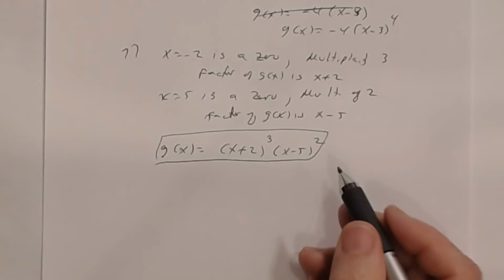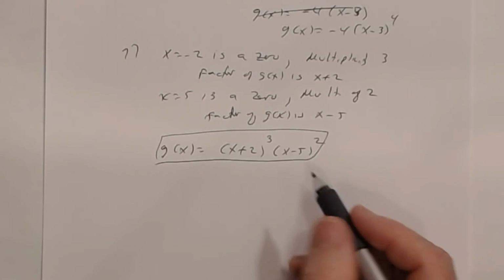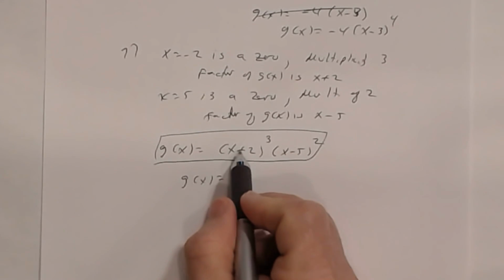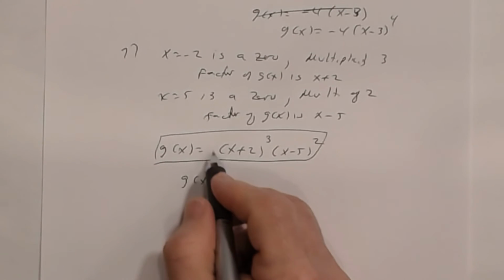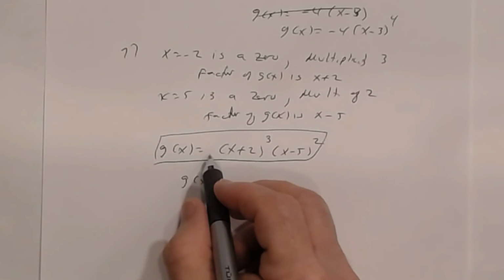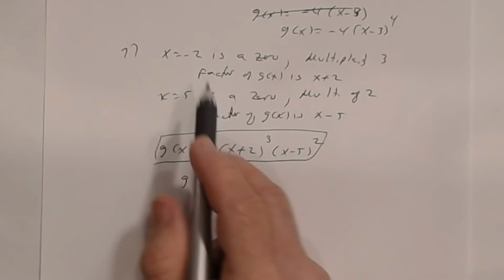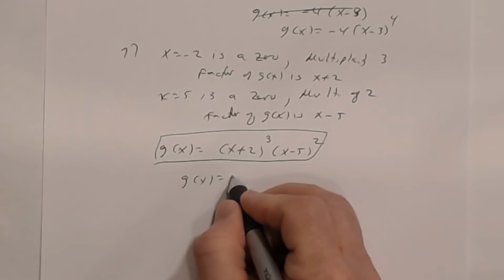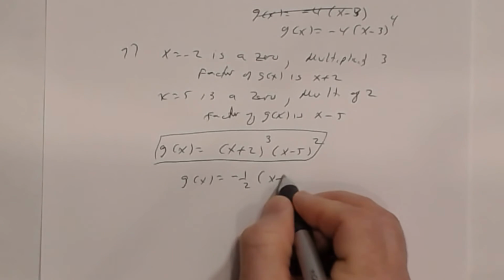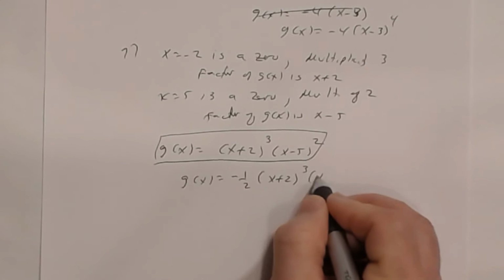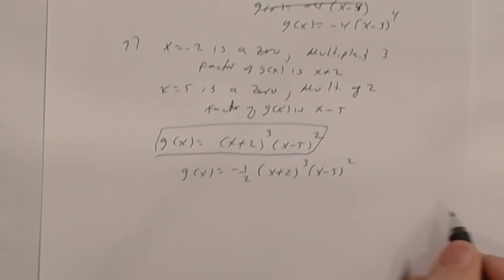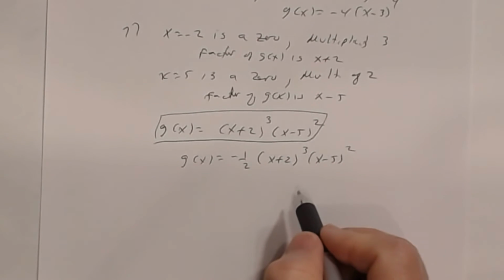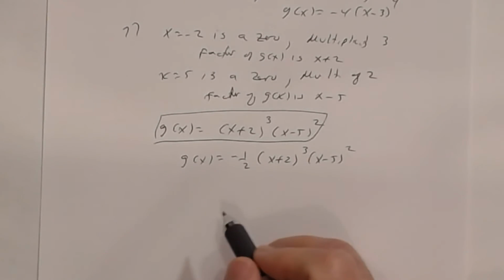All right. But remember, there are an infinite number of answers you could also give, because someone else could have said, well, as long as I put a number here, I'm fine. That is another polynomial with just those two zeros with these multiplicities. And that is true. Someone else could have said -1/2 times x plus 2 to the third power times x minus 5 to the second power, because the only zeros are going to be -2 and +5 with these multiplicities.